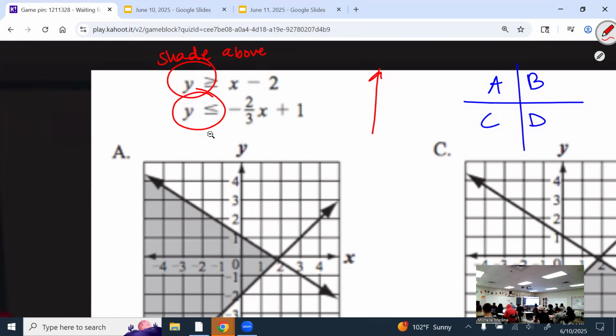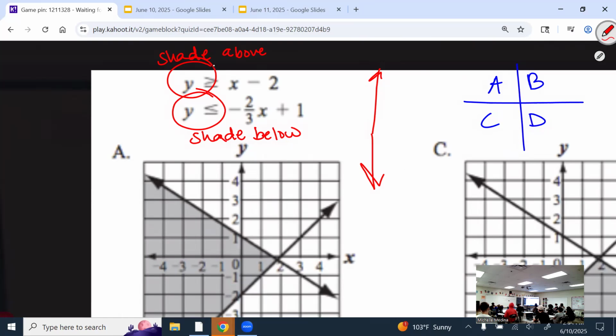Kyle, if it's y less than or equal to, do I shade above or below? No, below. Because if I want y to be less than, when I go down on the y-axis is where the y's get less, don't they? So that's why it's shade below. As long as you know.